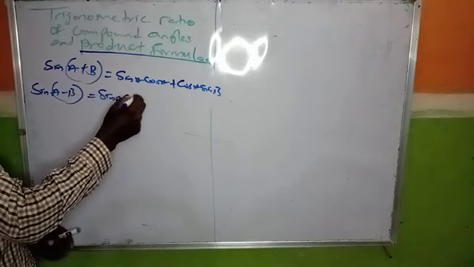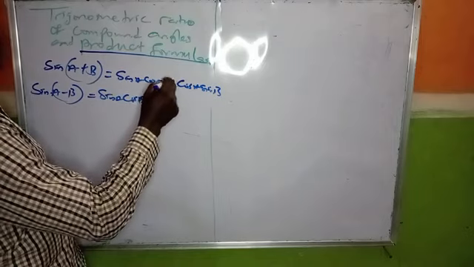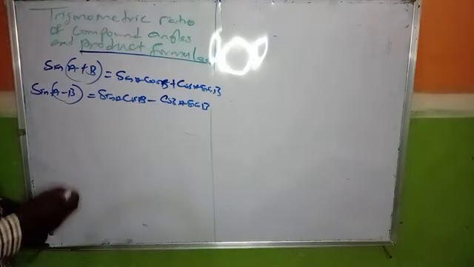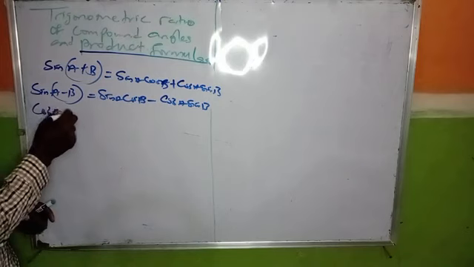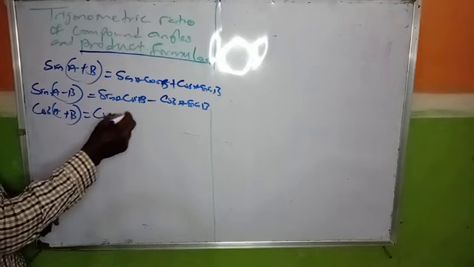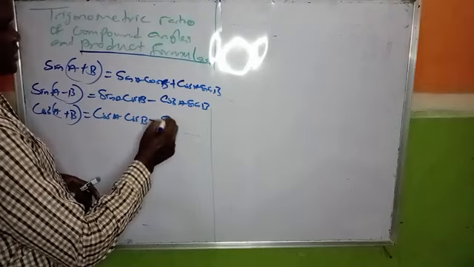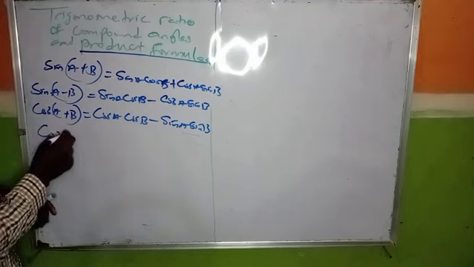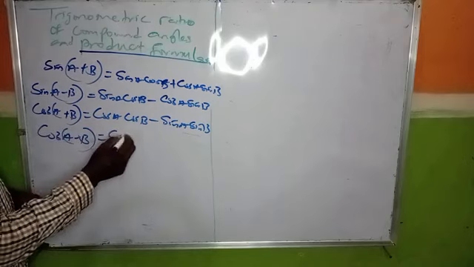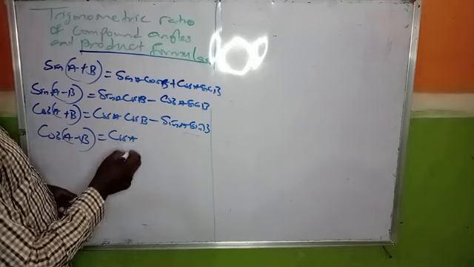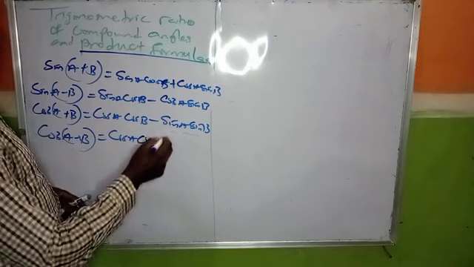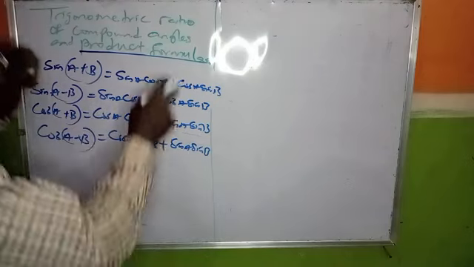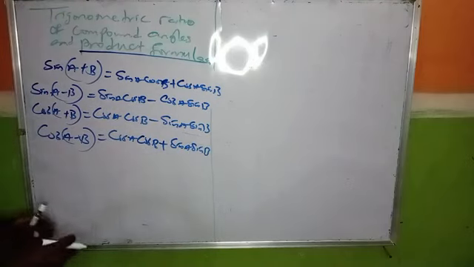That's sine A cos B minus cos A sine B. So cos A plus B, you have it to be cos A cos B minus sine A sine B. Then you can have cos A minus B, that's cos A cos B plus sine A sine B. So these are the basic, fundamental formulas.